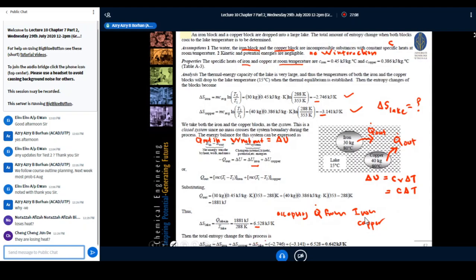So like I said, since copper and iron are losing heat, that's why you have the negative symbol over there. Then the lake is receiving heat, so it has a positive there. So the resultant delta S for the whole process will give you somewhere around 0.642 kilojoule per Kelvin.